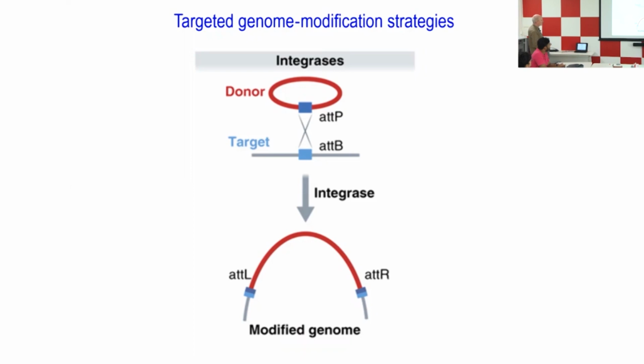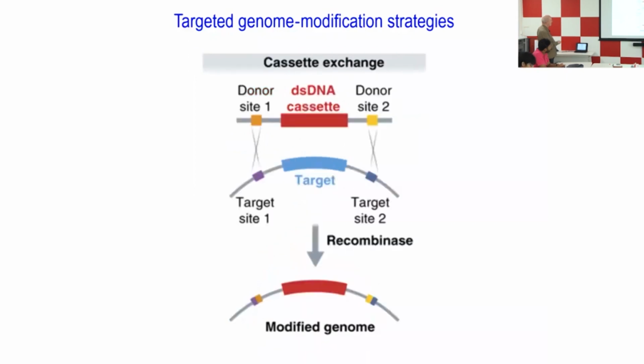One of them, for instance, can be based on integrases. Remember that in the first part of the lecture today, I told you that integrases are enzymes that are able to either integrate or excise circular segments of DNA into a target by means of a small homology between the two. This is one tool that has been used extensively for entering big chunks of DNA into an existing genome.